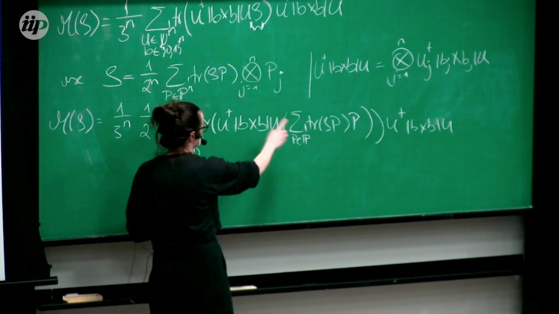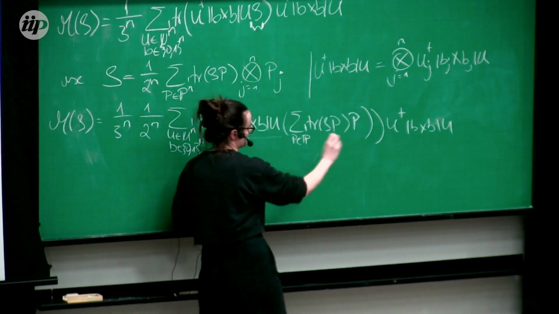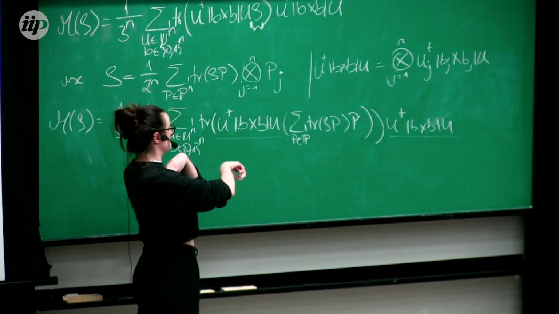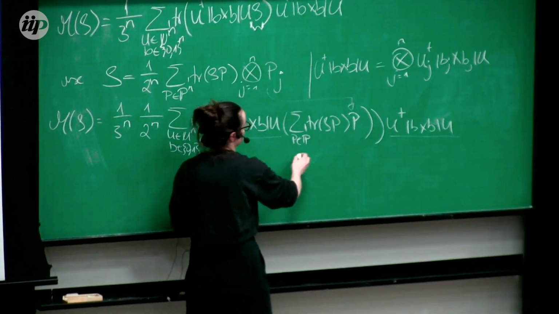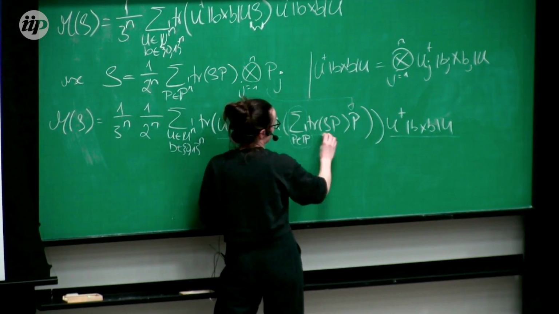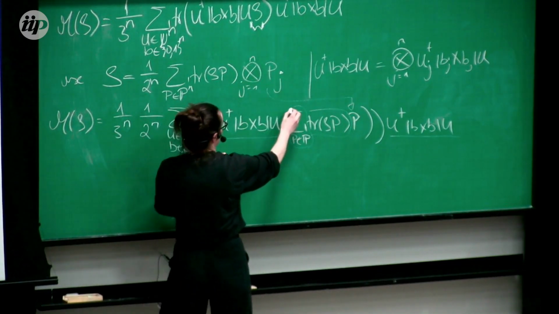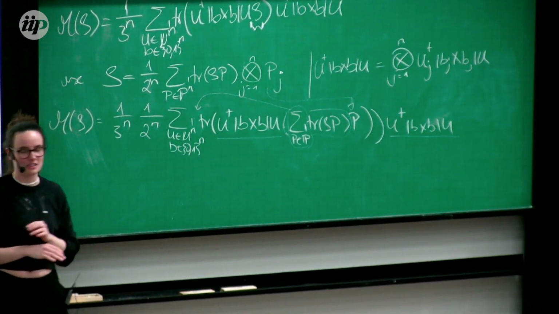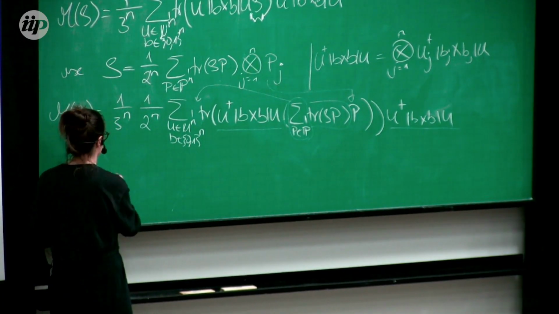So we can insert that here, and we can also insert that here. And I will also take out the sum together with this single number here, which I can just pull out. A lot of things happening here. If I'm too fast, please tell me, or if I'm too slow.